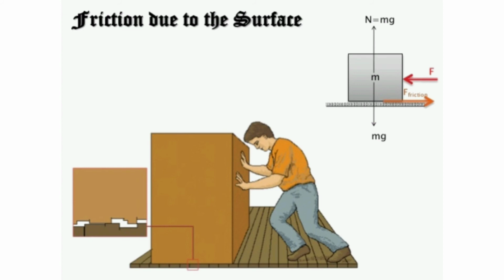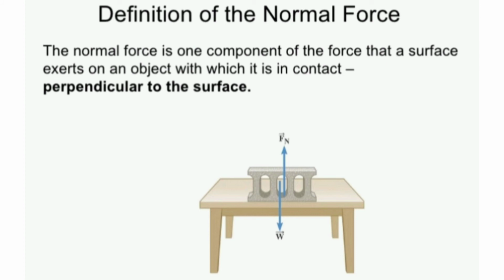And the fourth one is normal force. The normal force is one component of the force that a surface exerts on an object with which it is in contact.